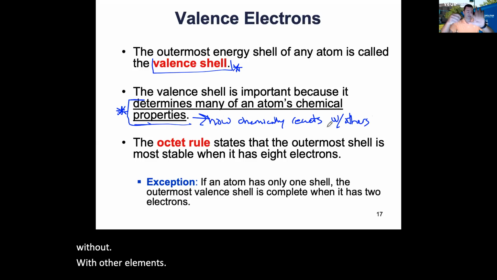This rule of 8 is referred to as the octet rule.